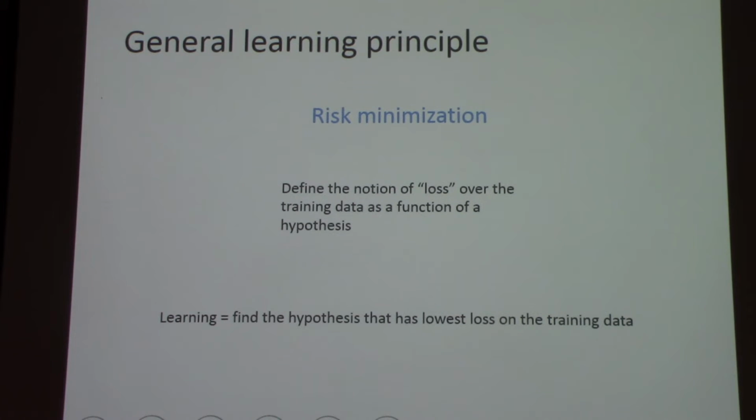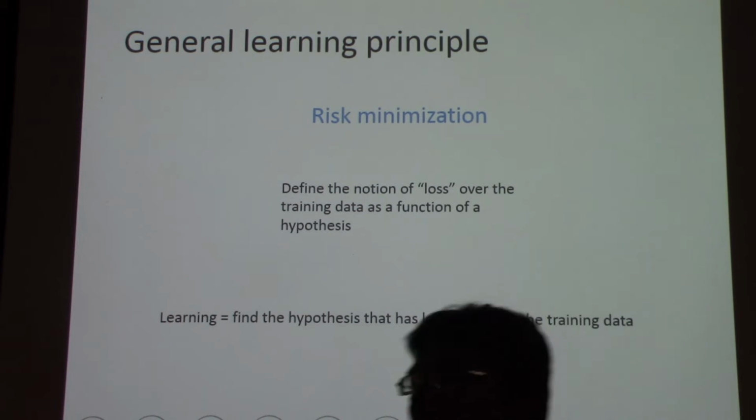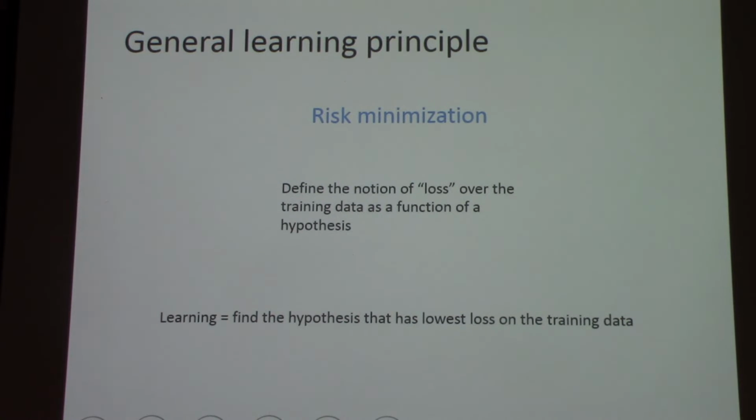And I'm going to frame learning as the following. I'm going to give you right now a recipe for constructing learning algorithms. Let's define something called loss, something that mathematically defines what makes a classifier bad. An example of that was the Hinge loss.